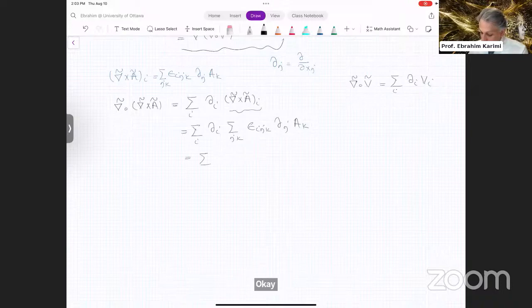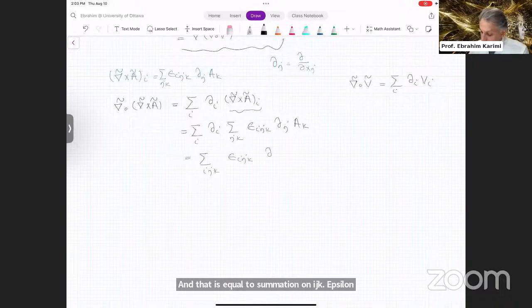And that is equal to summation on ijk, epsilon ijk, derivative with respect to i, derivative with respect to j of A_k. Okay?